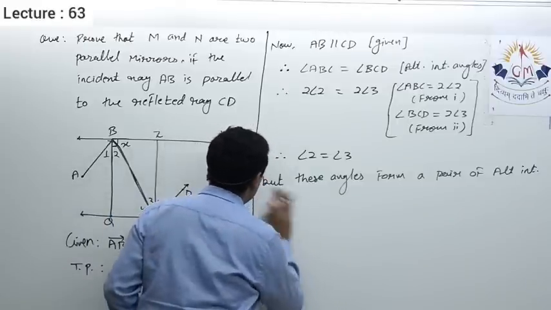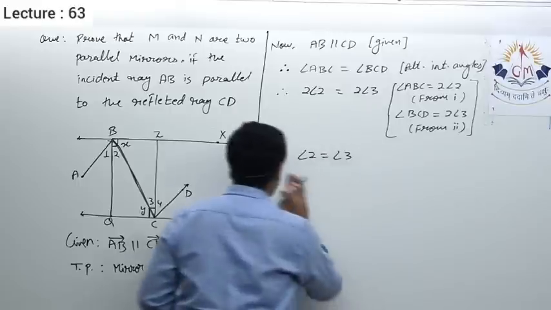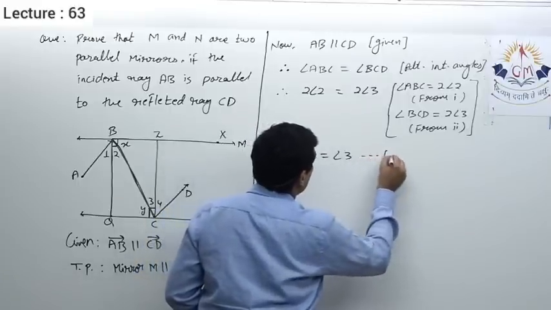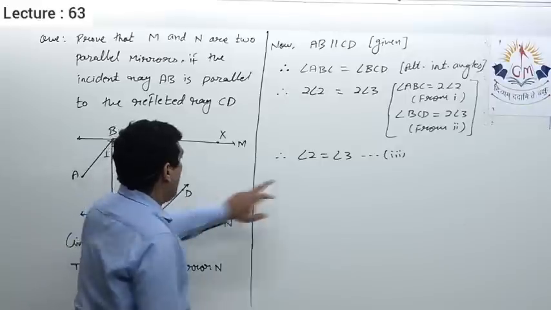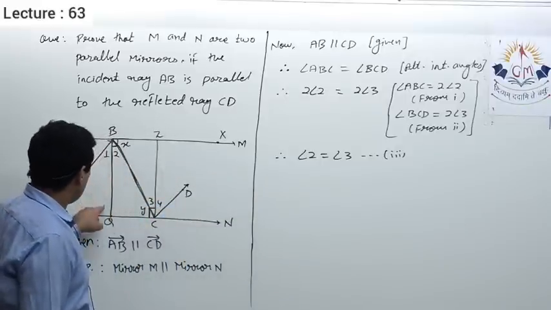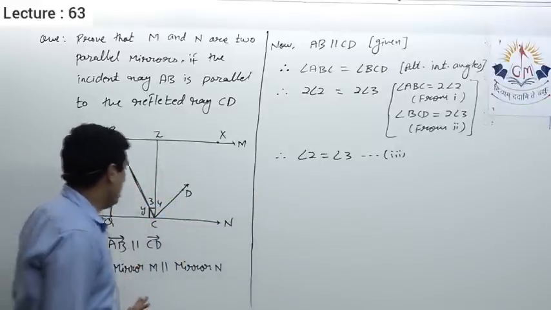No need to write this. Angle 2 equal to angle 3 is sufficient. We can use this information for further proving. I am taking this as equation number 3. As 2 and 3 are equal, it shows that AQ is parallel to CZ.